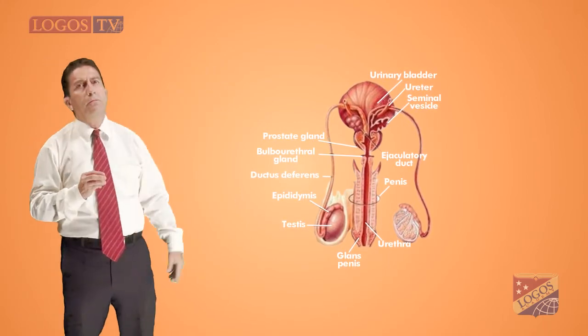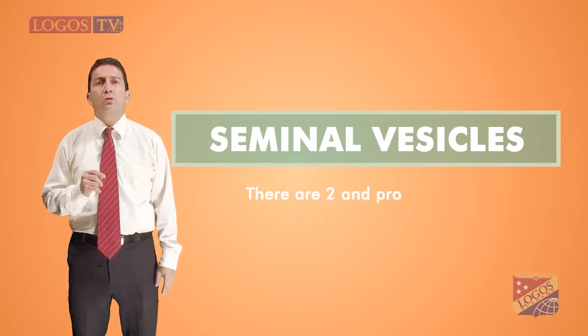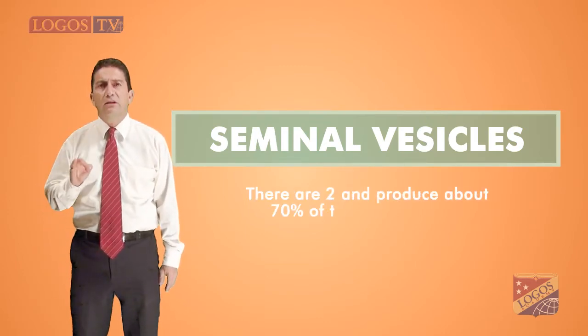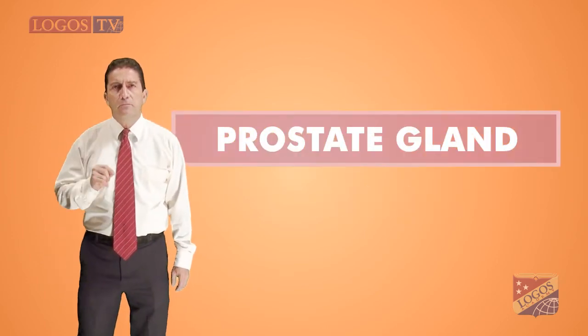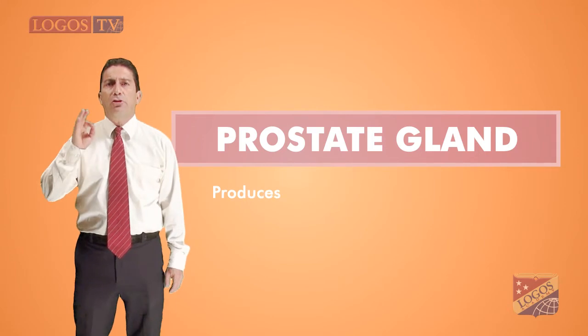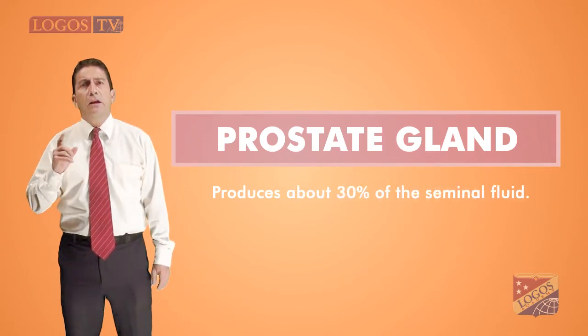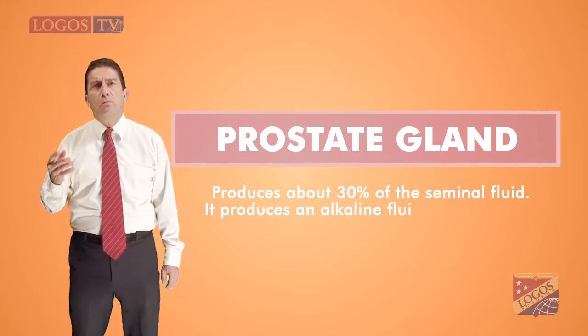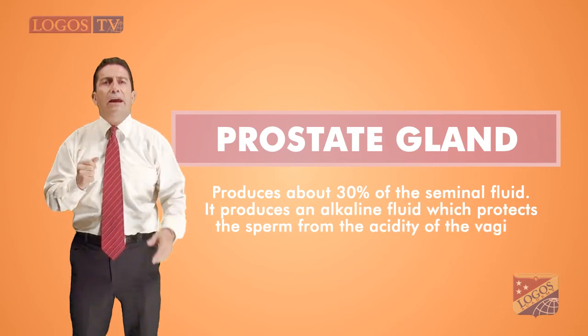Very important: the seminal vesicles, they are two and produce about 70% of the seminal fluid. The prostate gland produces about 30% of this seminal fluid, and it produces an alkaline fluid which protects the sperm from the acidity of the vagina.